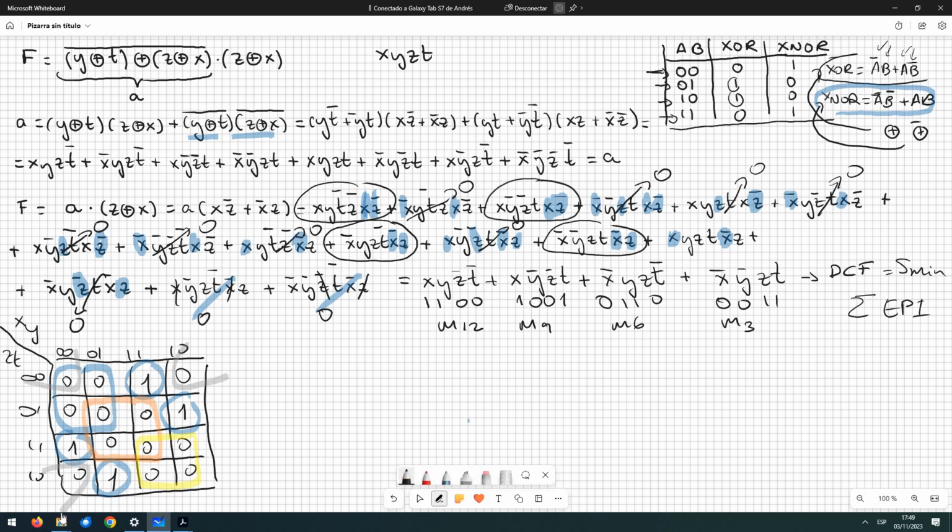So we are going to check the minimal products. So this is going to be implicate 1, implicate 2, for example, implicate 3 here in the corners, and implicate 4, these 4 zeros.